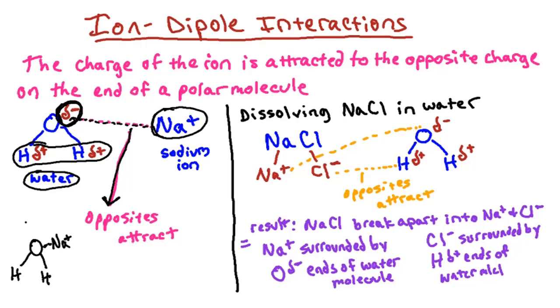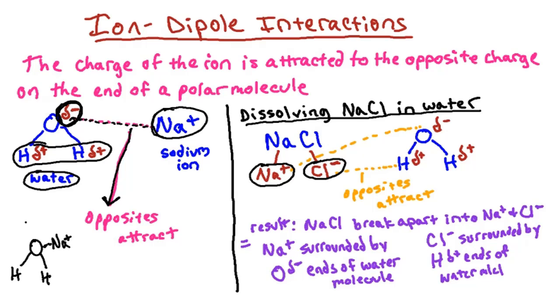Now we can take this a little bit further, and on the right we have an example of dissolving NaCl, sodium chloride, in water. So we have NaCl, and if you break those ions up, the Na turns into an Na positive, or an Na plus. It has a positive charge, and the Cl has a negative charge. Well, and then you put that with water, with this polar molecule.